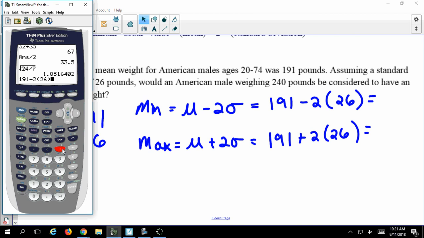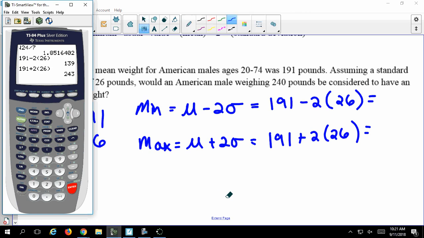Exactly the way I wrote it down, okay? Your TI-84 will figure out the order of operations and all that. So that's 139. 191 plus 2 times 26. 243.